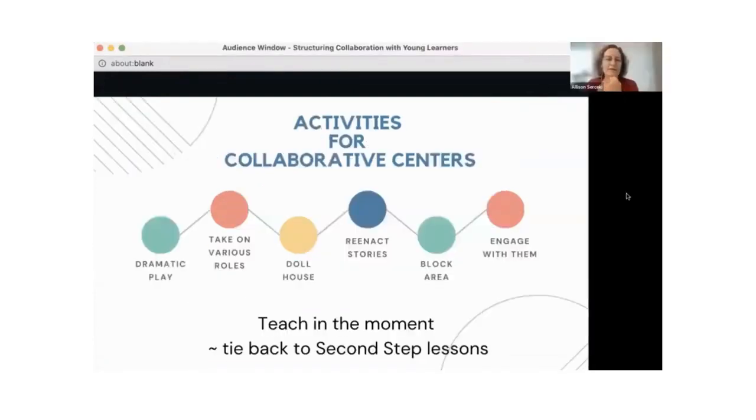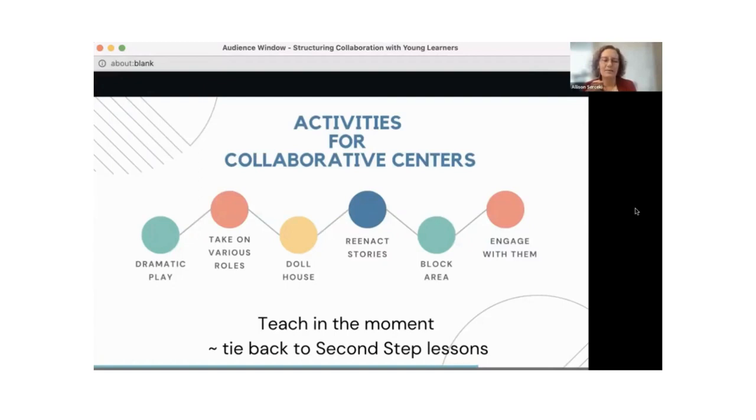Know what kind of centers you can set up in your classroom to promote this kind of opportunity to use language. Obviously the number one center that probably all of you thought of immediately is dramatic play, right? The opportunity for them to take on the roles of various people.